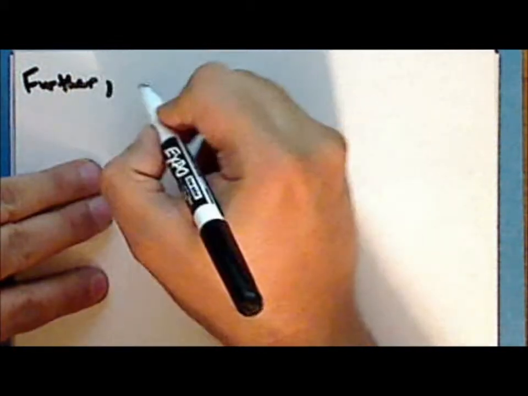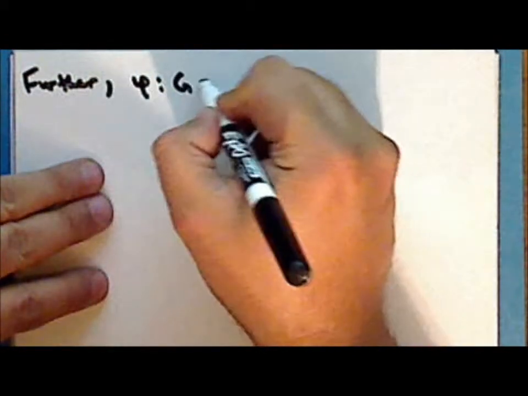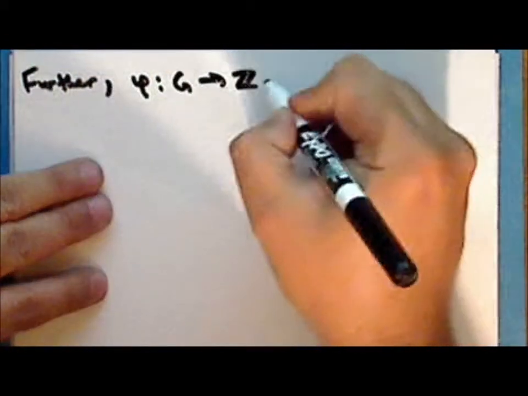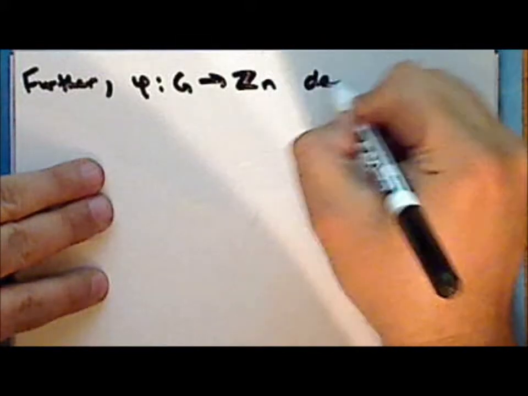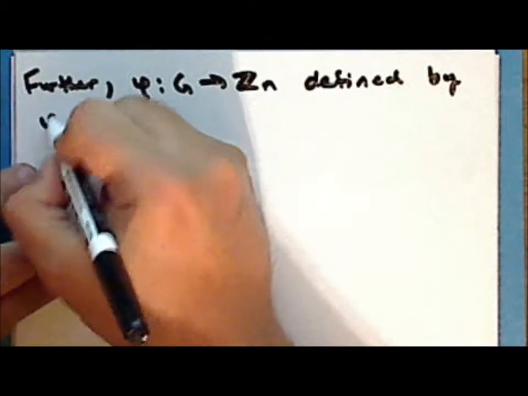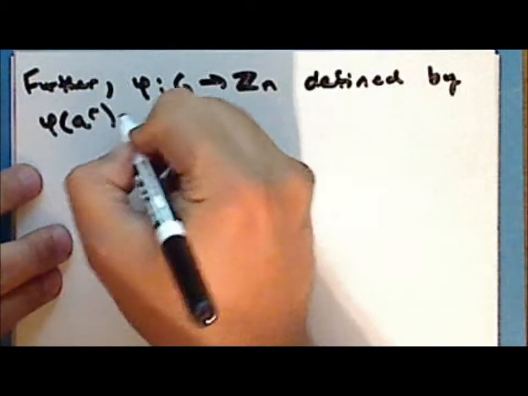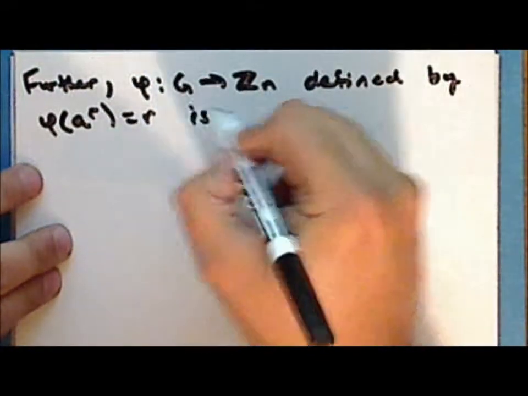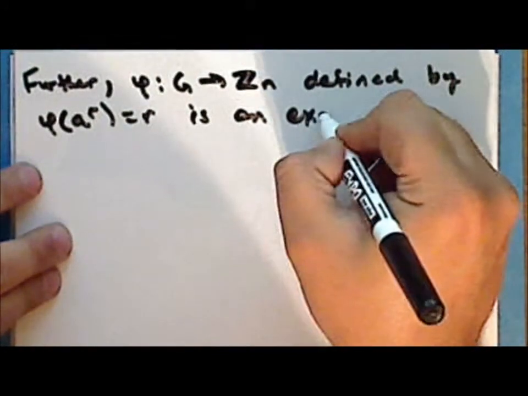Further, the function phi, mapping G into the integers modulo n defined by phi of a to the power of r is equal to r, is an explicit isomorphism.